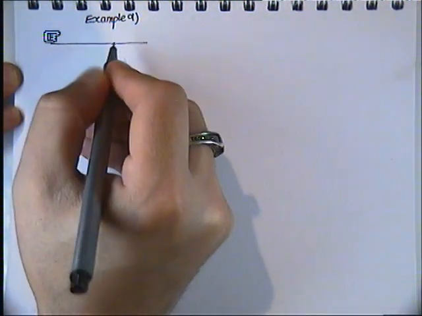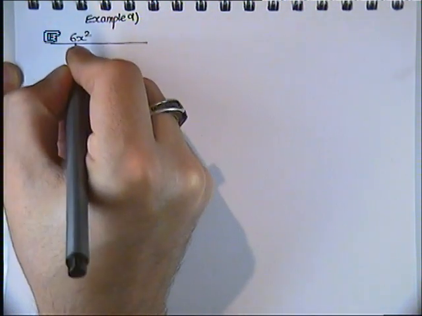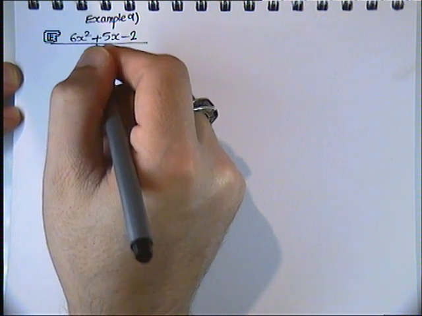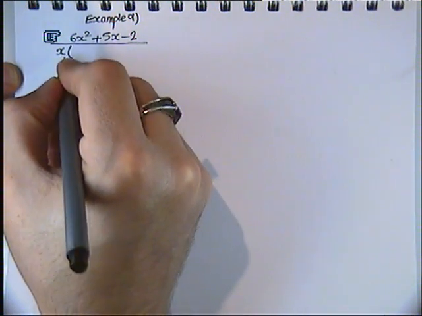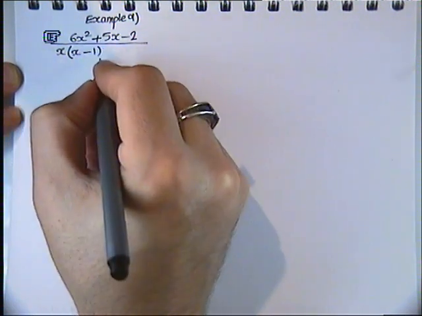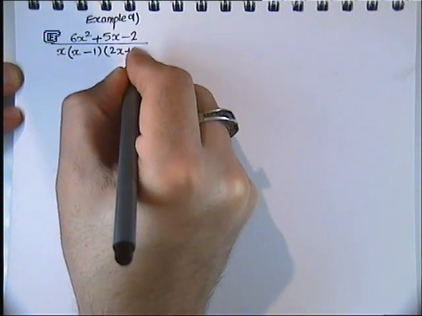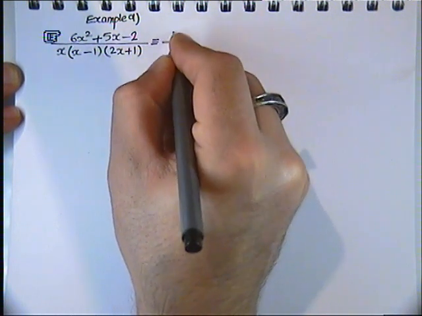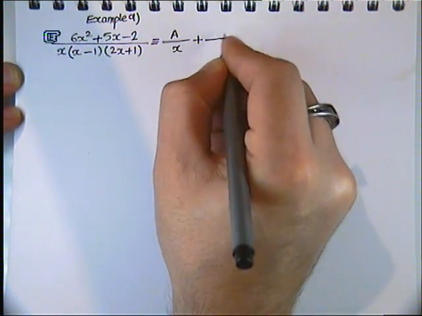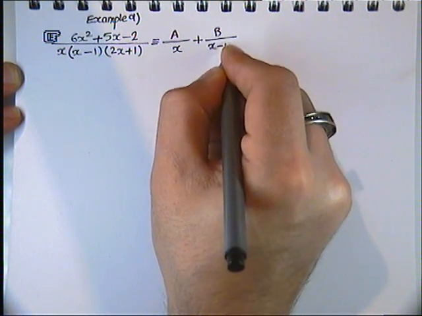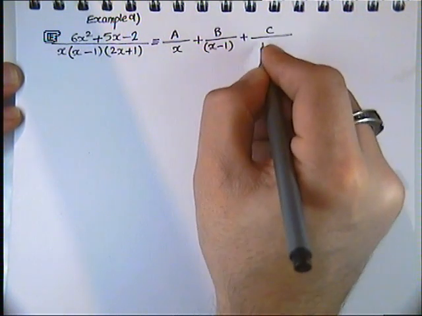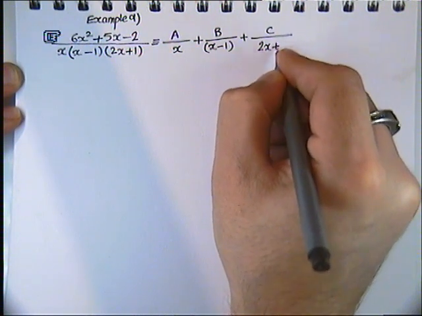Okay. Given that (6x squared plus 5x minus 2) over x times (x minus 1) times (2x plus 1) is identical to a over x plus b over (x minus 1) plus c over (2x plus 1).